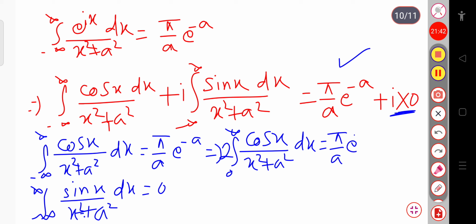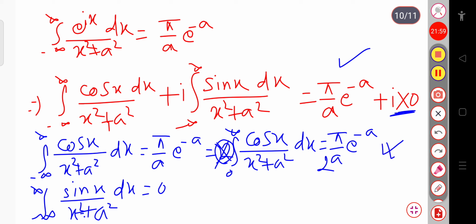Okay, and if I divide this 2 here, so the integration from 0 to infinity cosine x divided by x square plus a square dx will be pi by 2a times exponential minus a. So this is our aim.